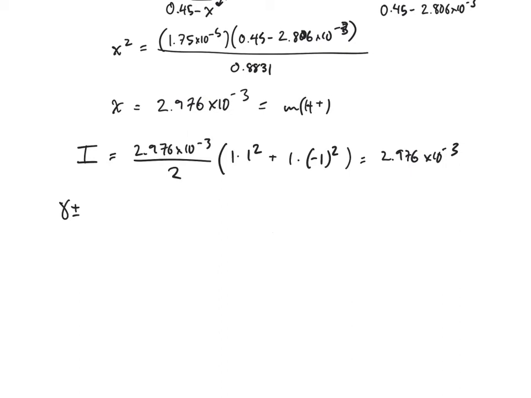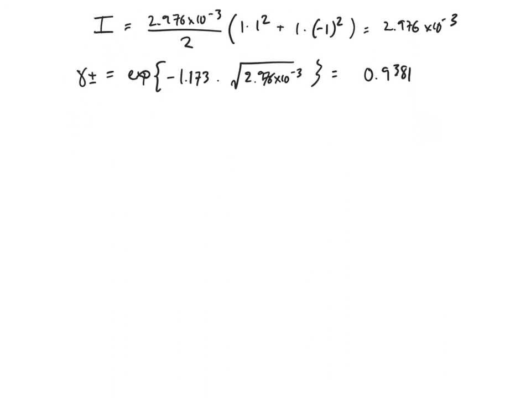And our gamma plus minus equals e to the power of negative 1.173 times the square root of that ionic strength, 2.976 times 10 to the negative 3. Okay. Which gives us a new activity coefficient of 0.9381.